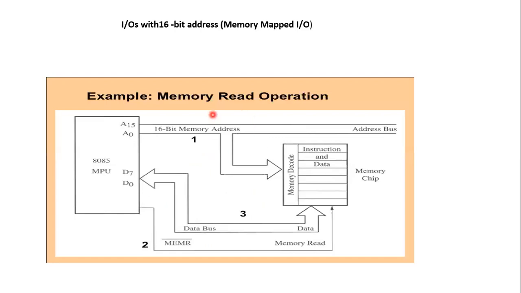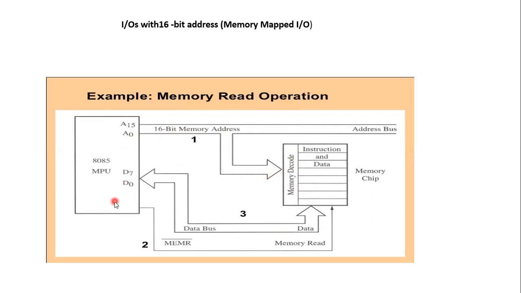Here is how data or instructions can be read from the memory using the memory read signal. First, the MPU places the 16-bit memory address on the address bus. It is decoded by the memory decoder, and then the particular address is located.